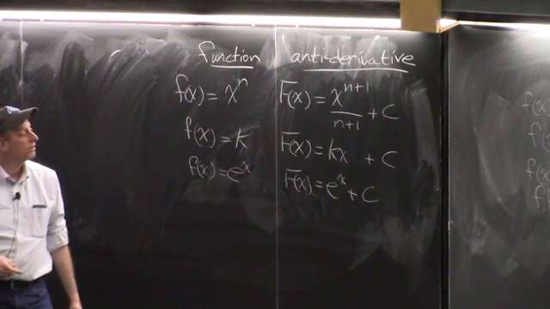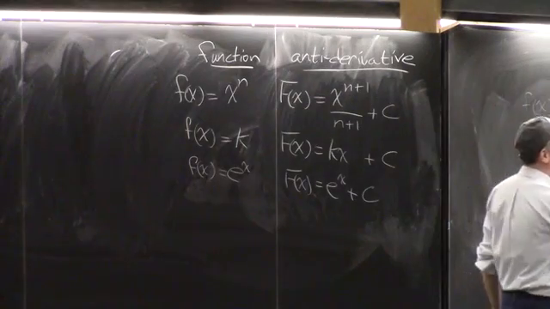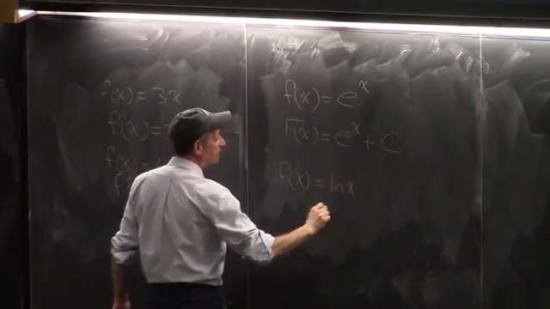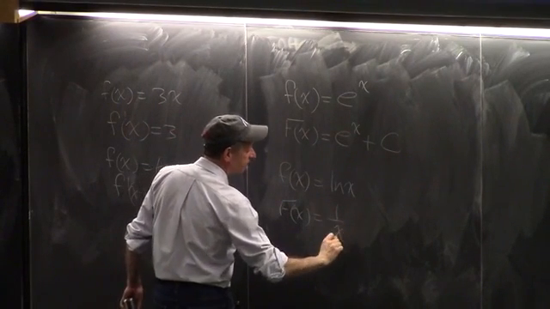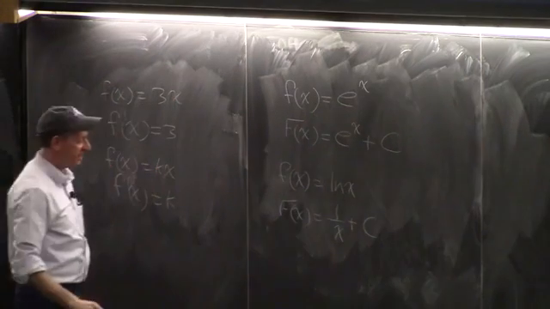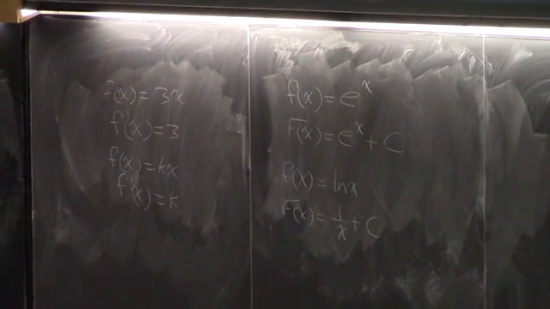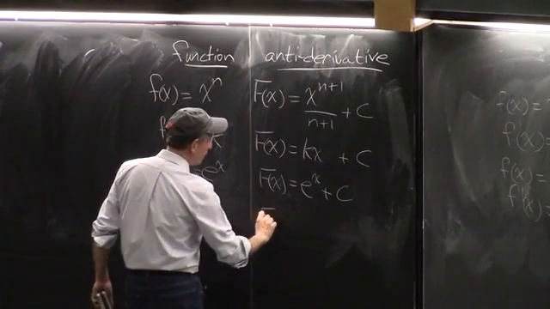So far so good? What's the derivative of the log of x? f of x equals ln of x, and the derivative is 1 over x. Inverse, and the antiderivative of 1 over x is ln of x plus c. So let's add that to our list. I wrote that backwards.